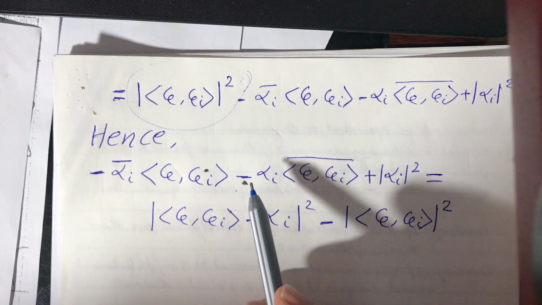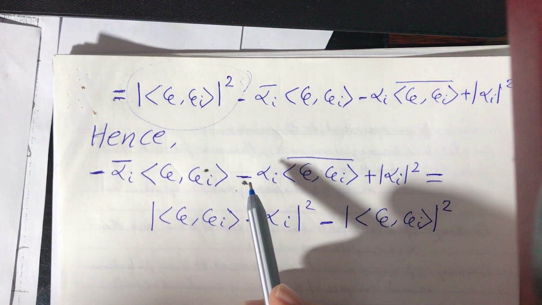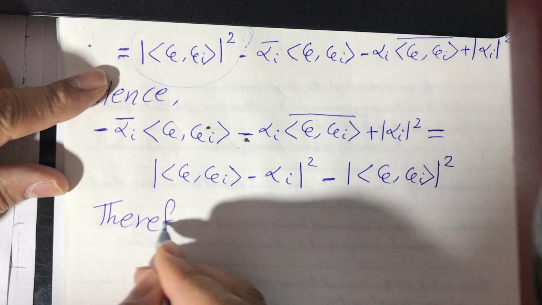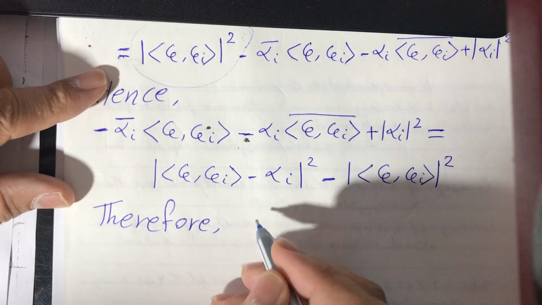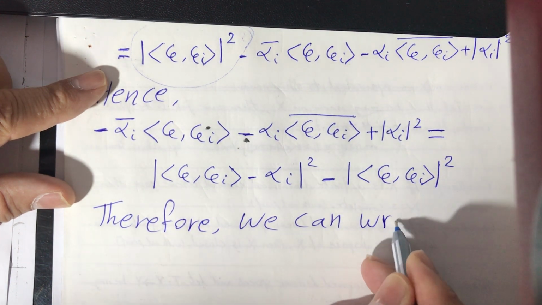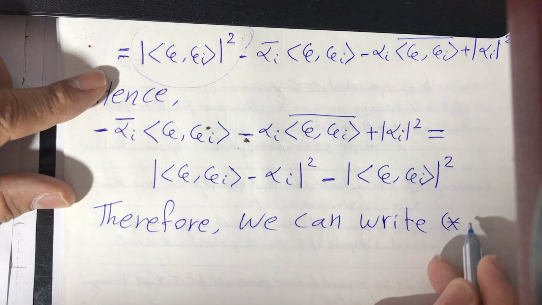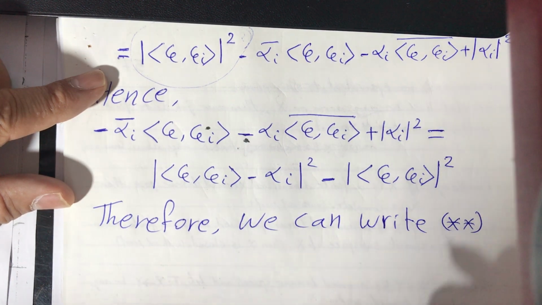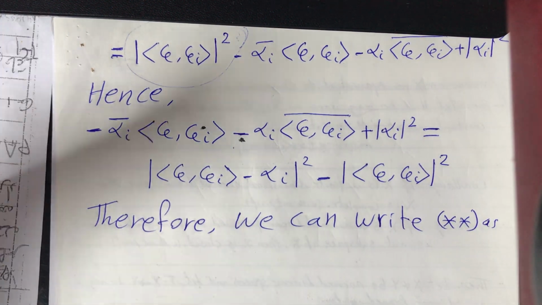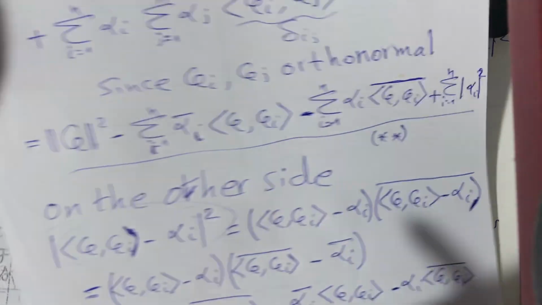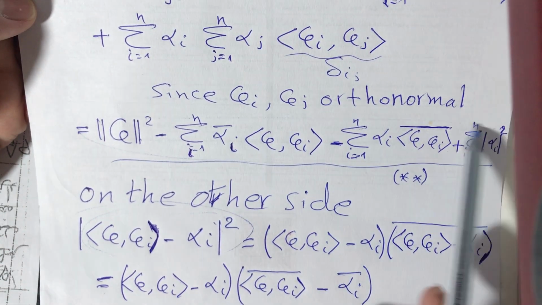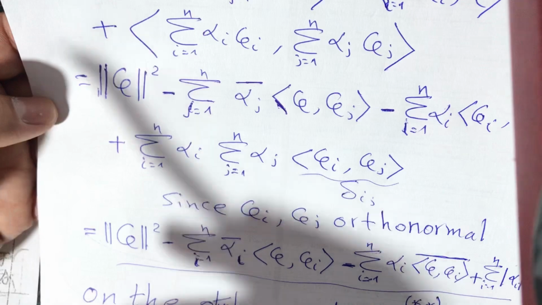Therefore, we can write double star as this, and this is equal to this.